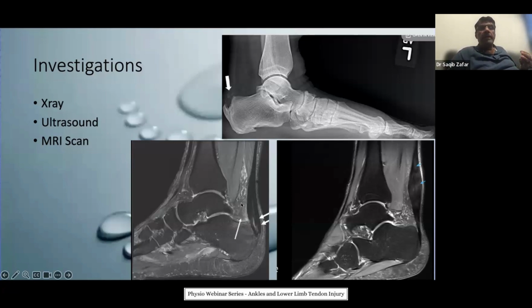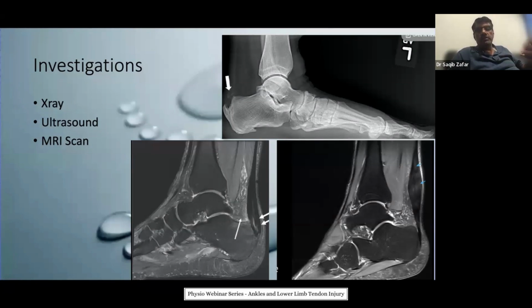Again, this is one of the pain generators for Achilles insertional tendinopathy. And again, this could be one of the reasons where the pain may not be responding to our simple measures.